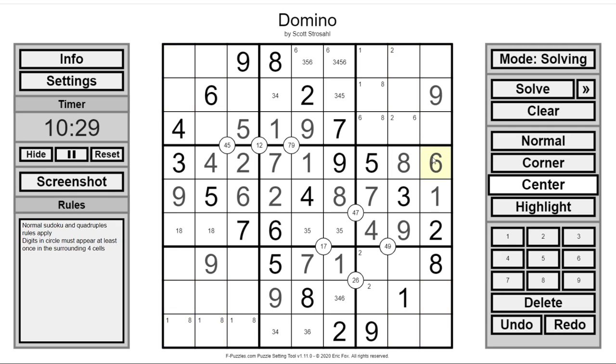Sixes. It's just got this annoying, like, 3 long run that I can't really do anything about.